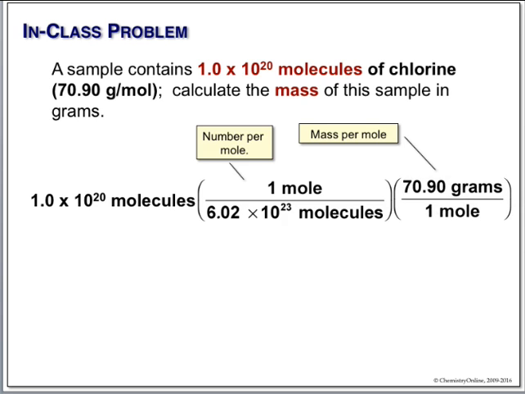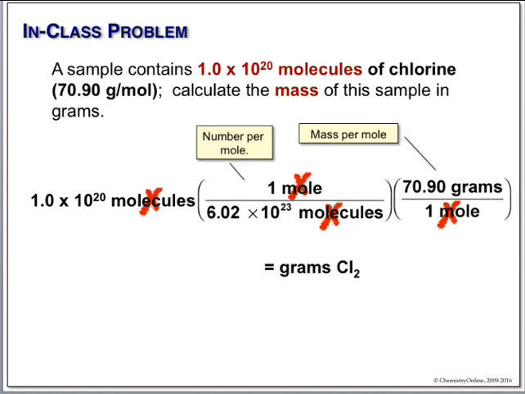Now we set it all up and we cancel molecules, cancel moles, and we're just left with grams. Once again, just like the tutorial on exponents, I'm going to take this number, divide it by this number, multiply it by this number.